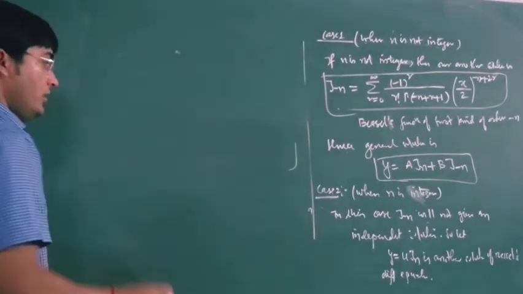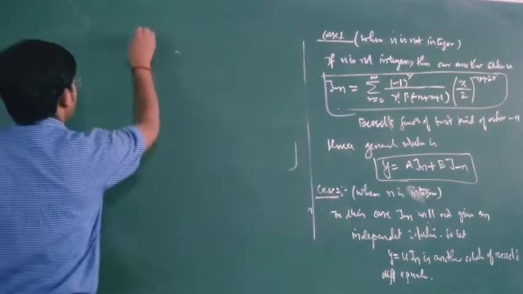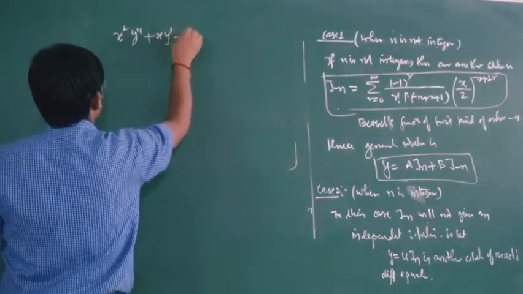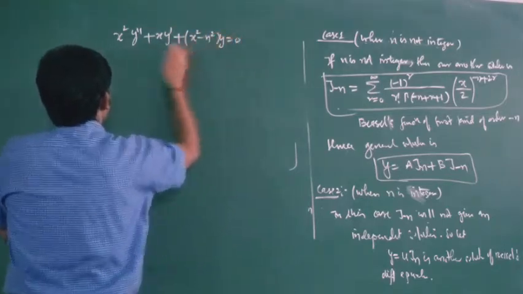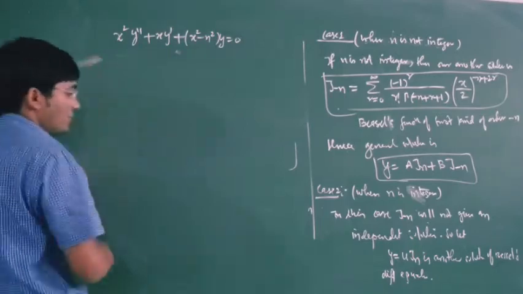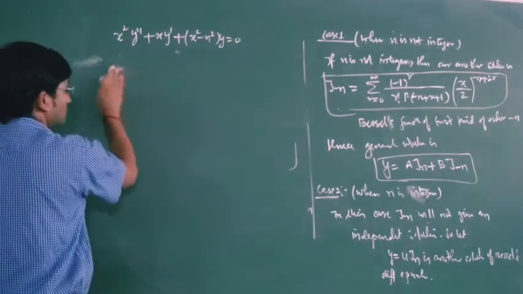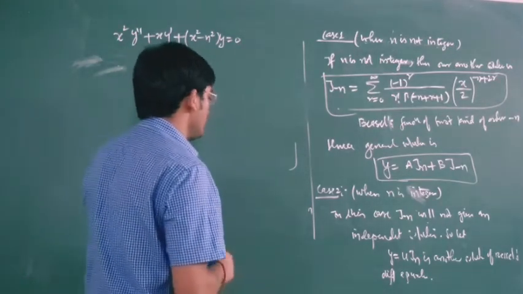So put it in, where y is u Jn, and find y dash.